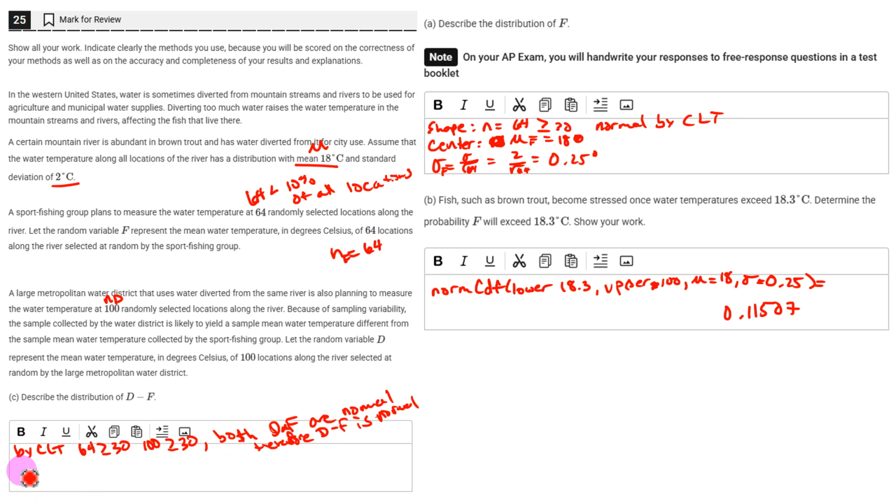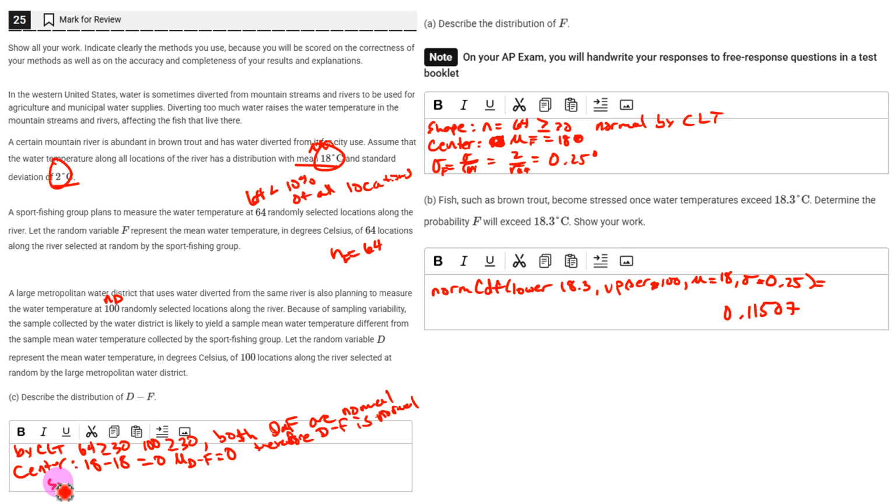So the center: strangely, both of them are going to use 18 and 2 because they should both be the same temperature. It just depends on where they are. So it'd be, weirdly, 18 minus 18. So the mean of D minus F is just 0.